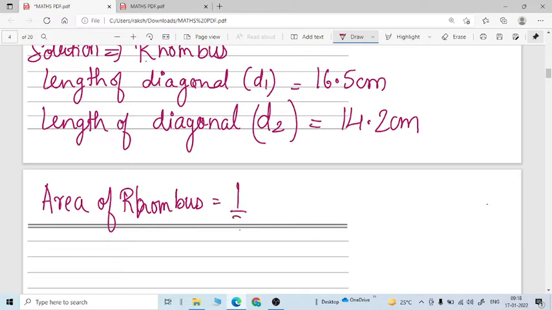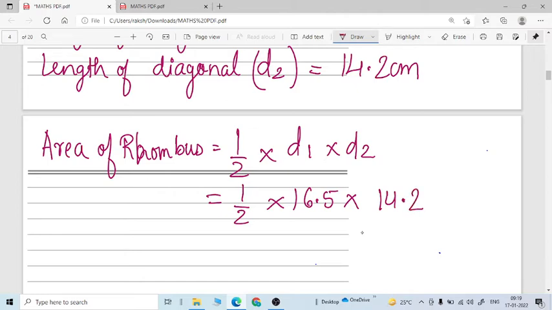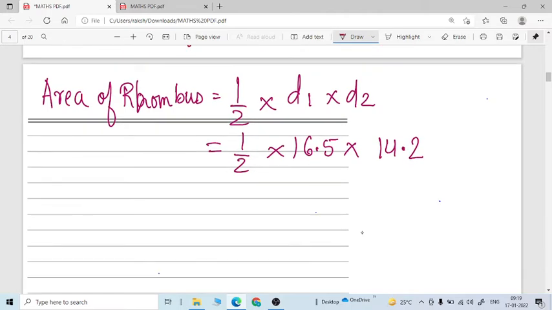That is equal to half into d1 into d2, that is diagonal 1 and diagonal 2. So half into 16.5 into 14.2.